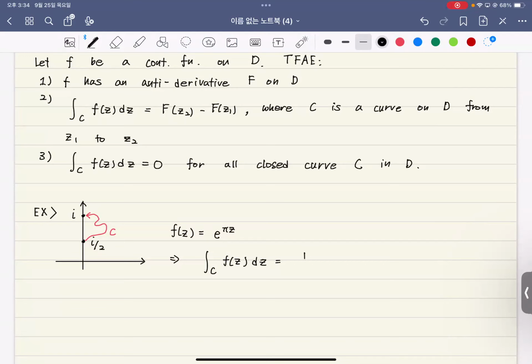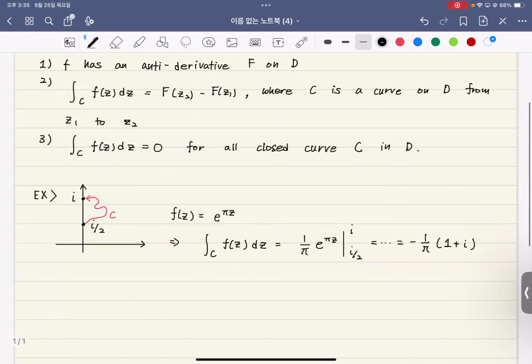So e to the pi z, evaluated at i and i over 2. And the rest of the computation is very straightforward, so I'm not going to do this. And the answer is just 1 plus i. All right.